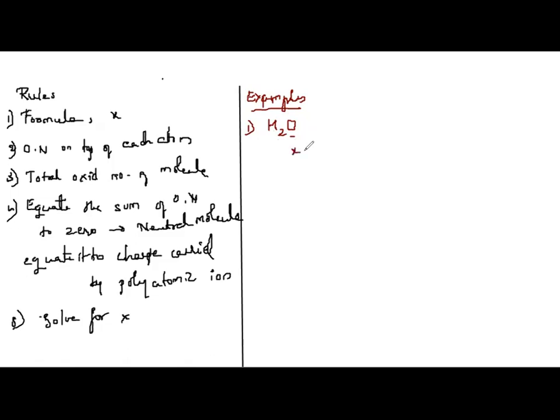We know here that when hydrogen is bonded to a non-metal, the oxidation state of hydrogen will be +1, correct? So solve it out. How do we solve it? H2O: +1 into how many atoms of hydrogen? 2.